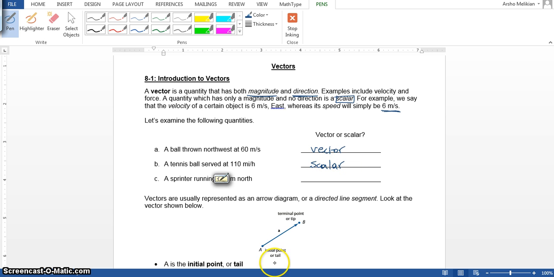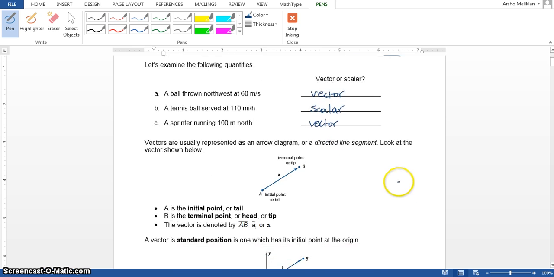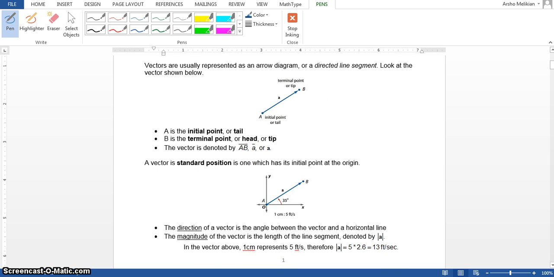A sprinter running north at a certain speed, it's a vector. I have a question. Yes. So scalars lack direction? Yes. We represent vectors pictorially by an arrow.